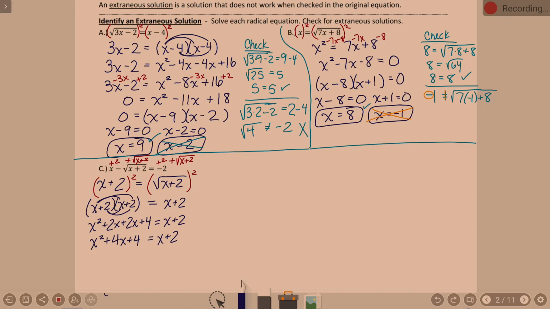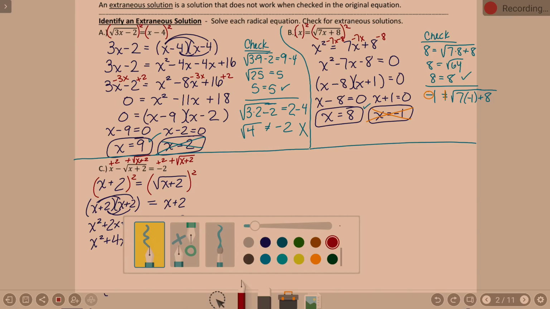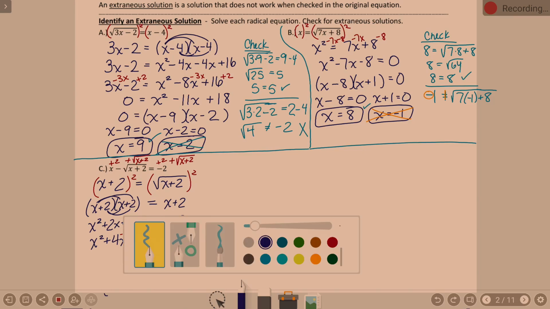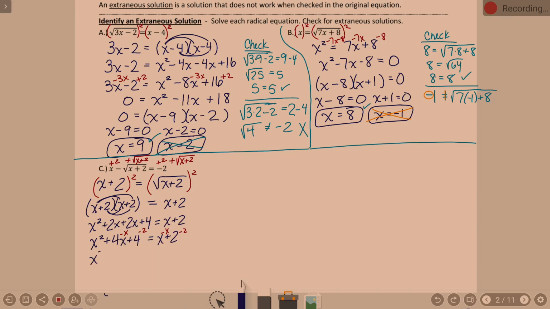Subtract the x and the 2 over to make our equation equal to 0. So now I have x squared plus 3x plus 2 equal to 0.